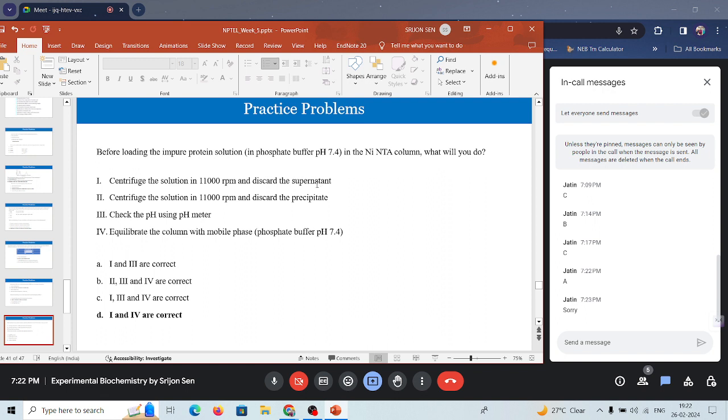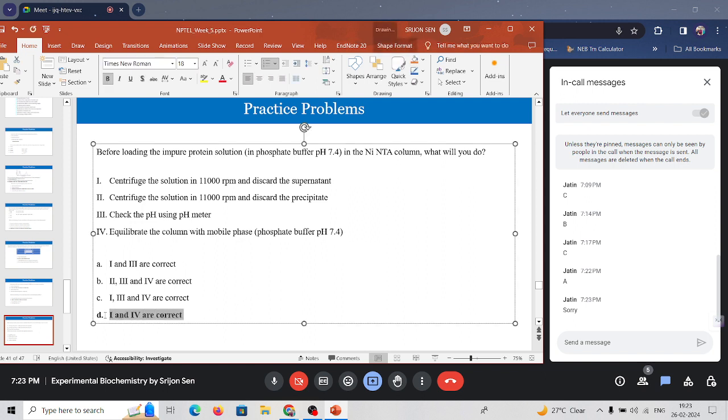So centrifuging, and before loading, what you will do? No, no. This is not correct. Sorry. So first you will centrifuge the solution and discard the precipitate. So you have to discard the precipitate first.